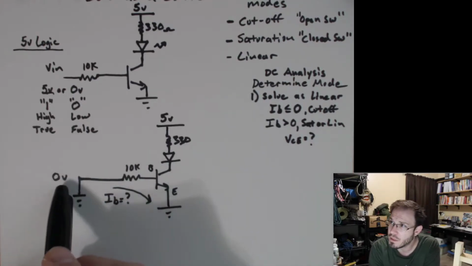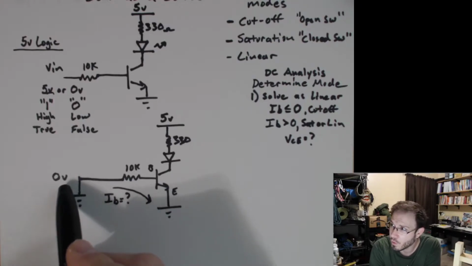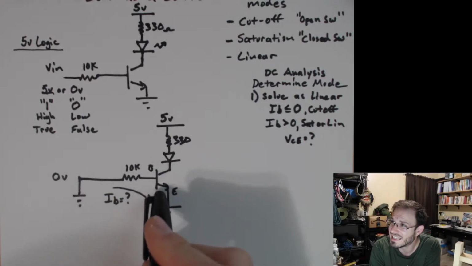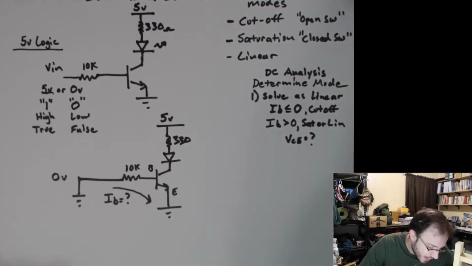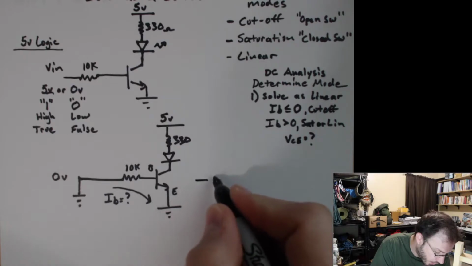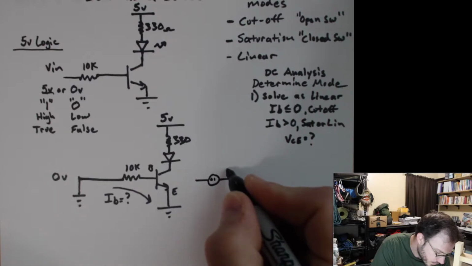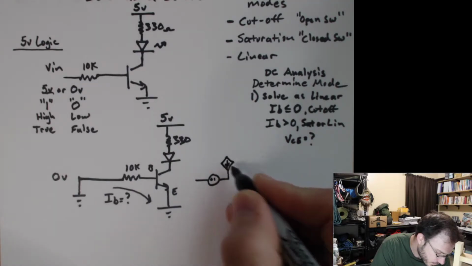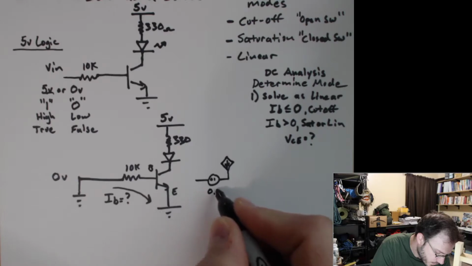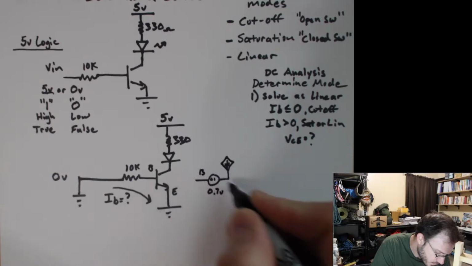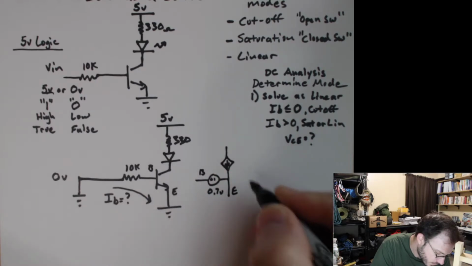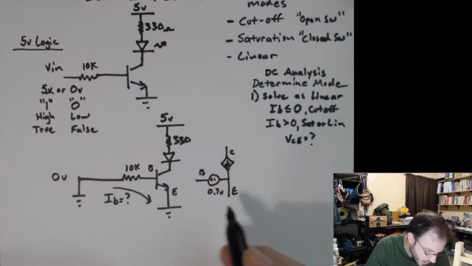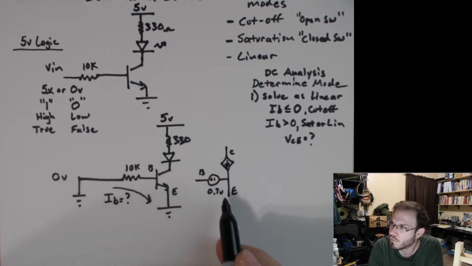So when we have 0 volts here, we don't have a higher voltage than that forward voltage inside of the transistor, and that's apparent from the linear model. If you look at the linear model, we need to exceed this forward voltage drop.